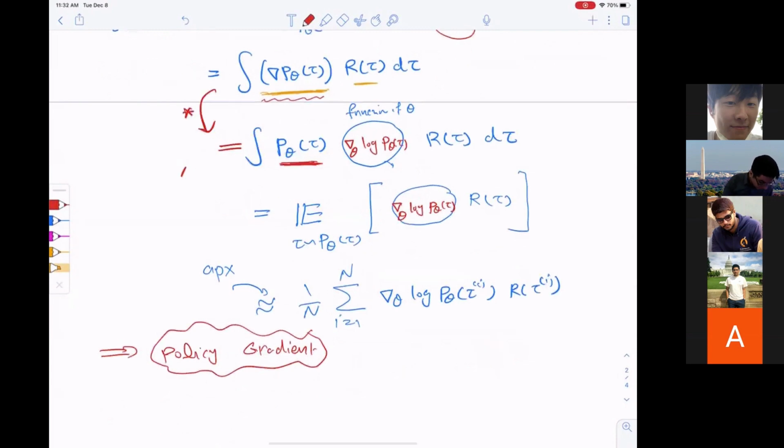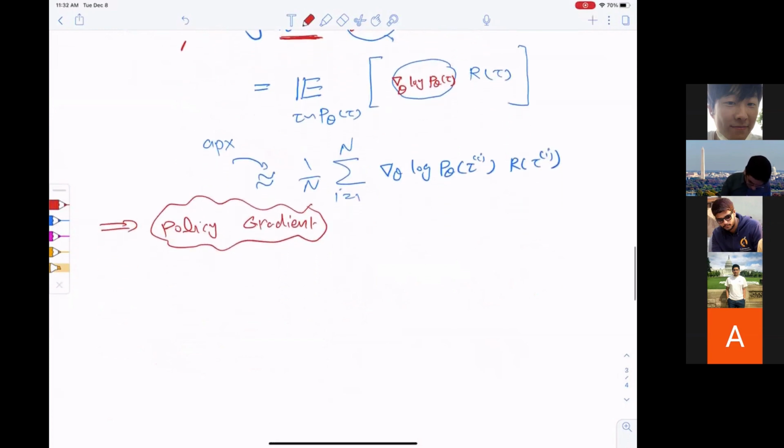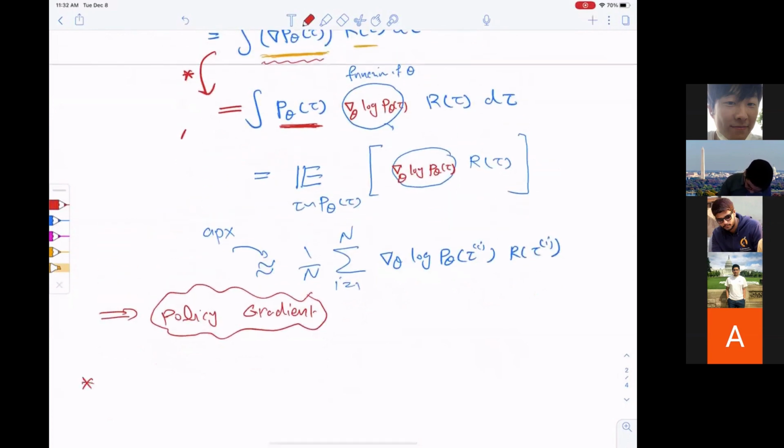So why is this the case? Let me actually show a one-line proof for star, proof of star. Let's start from the right-hand side. If I look at P sub theta times the gradient of the log of P sub theta, the gradient of the log function is the gradient of the input divided by the input, right?